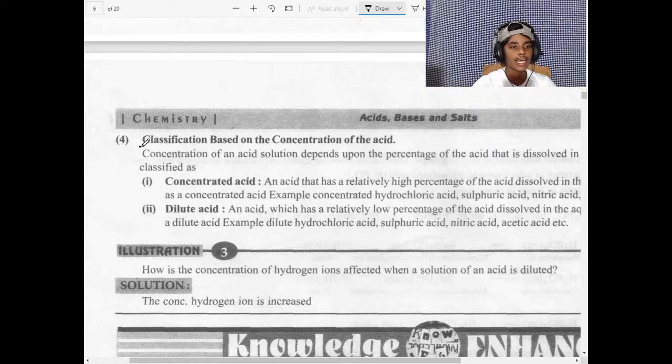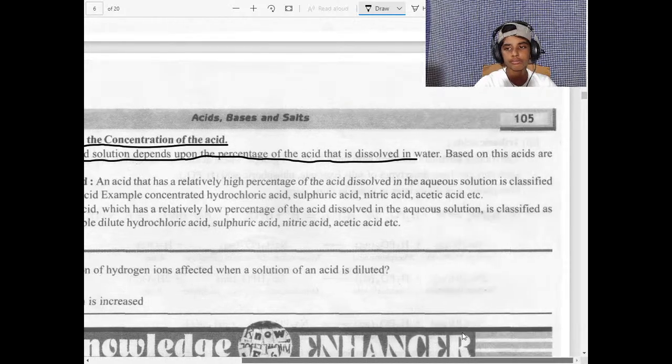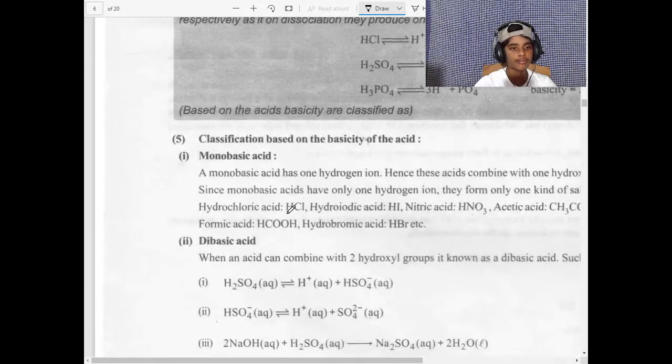And next, classification based on the concentration of the acid. Concentration of an acid solution depends upon the percentage of the acid that is dissolved in water. Based on this, acids are classified as concentrated acid and dilute acid.